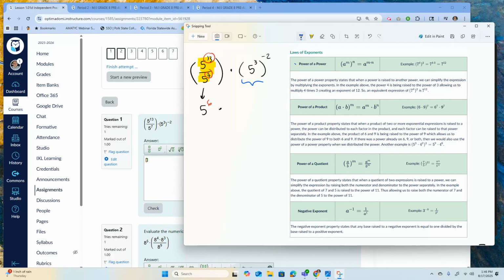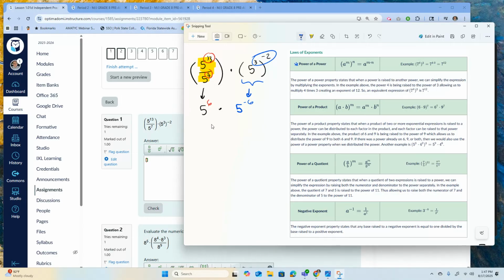That will be this rule right here, the power of a power rule, which says every time you have a base with an exponent raised to another exponent, you keep the base, I'm going to keep the 5, and you multiply the exponents. So 3 times negative 2, you can use a calculator if you need to, it will be negative 6. So look, no more parentheses. That's one thing I like to do first.